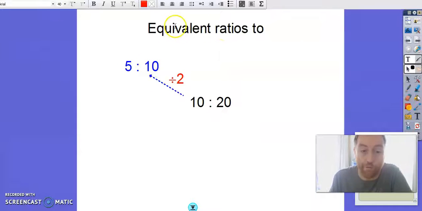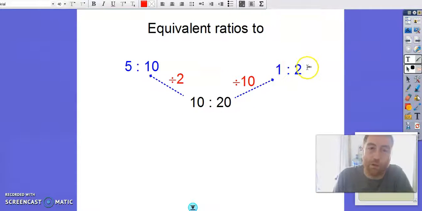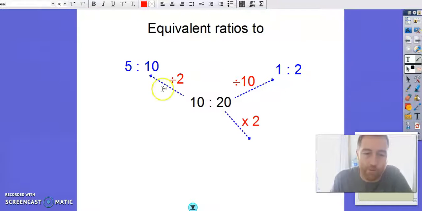Those are equivalent ratios. I also know that these both divide by 10. If I divide this one by 10 and this one by 10, I get 1 to 2. That is an equivalent ratio to 10 to 20. I could divide it by 5 as well. That's another one.